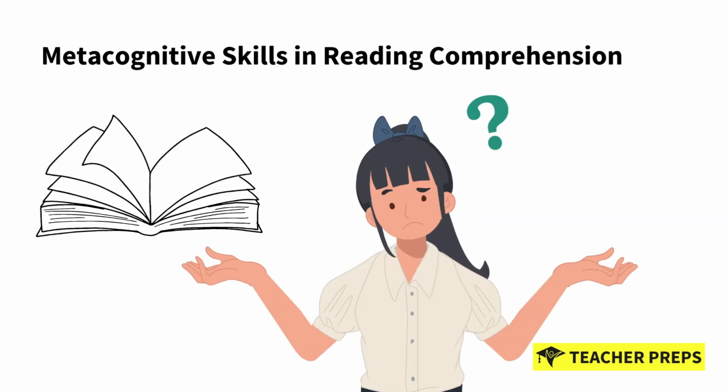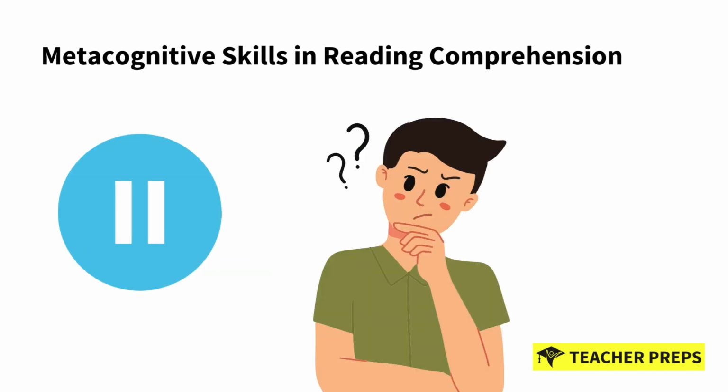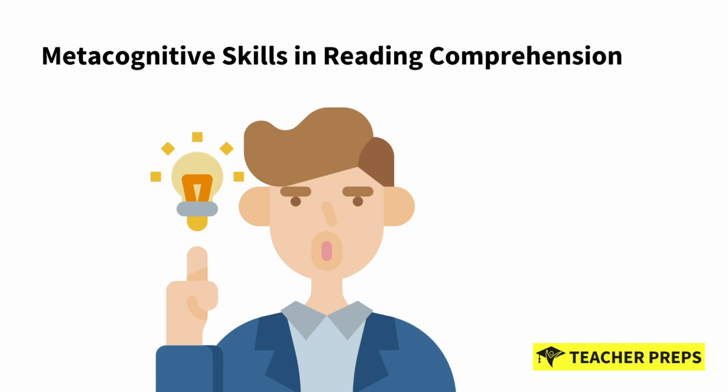An example could be when a student is reading a novel and they don't quite understand a section. Instead of continuing, they understand to pause and think about what this might mean. Perhaps they need to go back and reread. Maybe they missed a key piece of information, or perhaps they need to adjust their reading strategy.